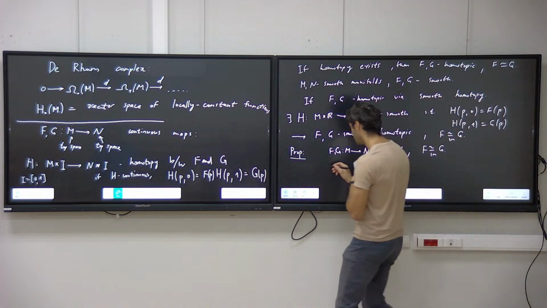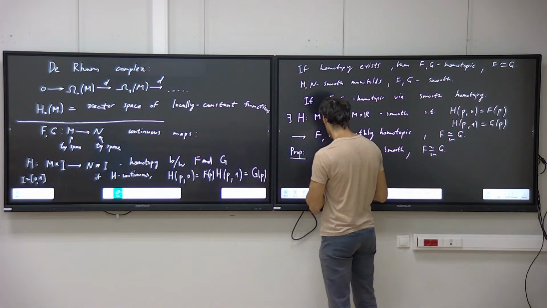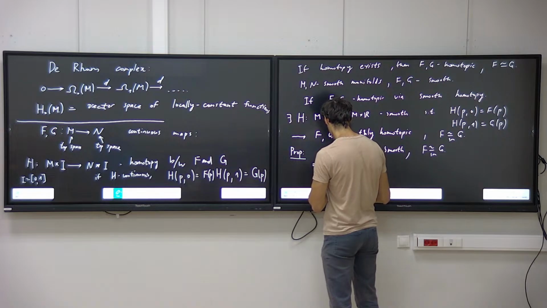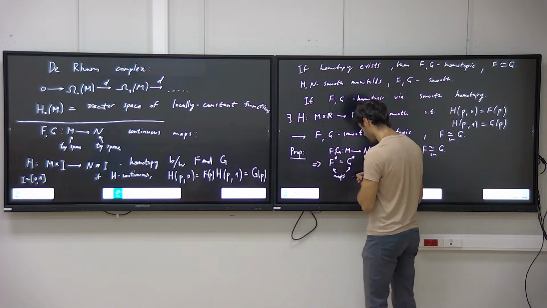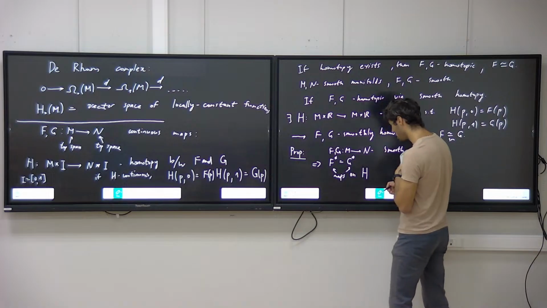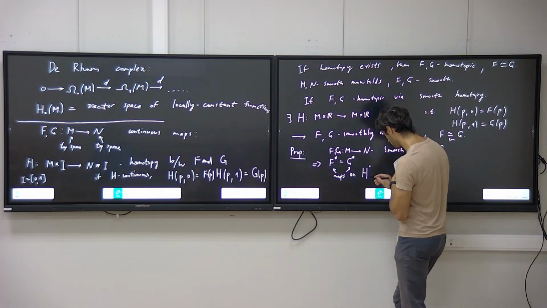Then f star equals g star, where these are the maps on homology, on H dot 0.